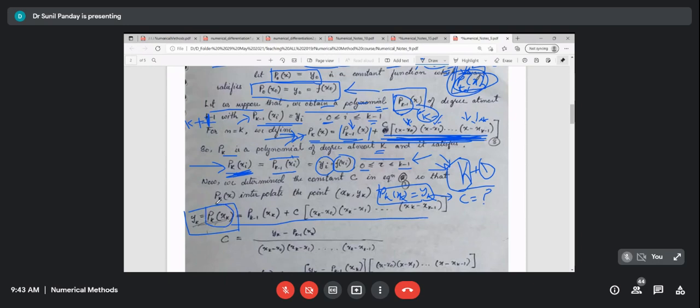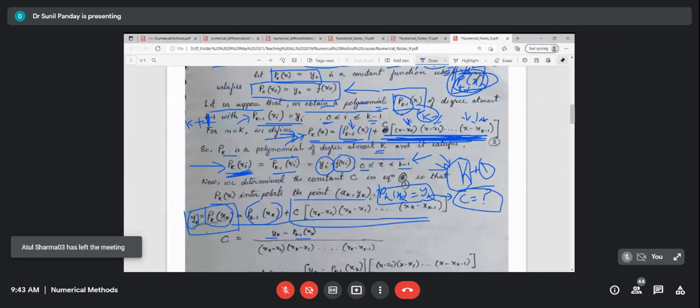But we have assumed this equal to yk to get the value of c. So this is replaced by yk, and then we take this to the other side, so we get yk minus pk minus 1 of xk, and this we will divide.